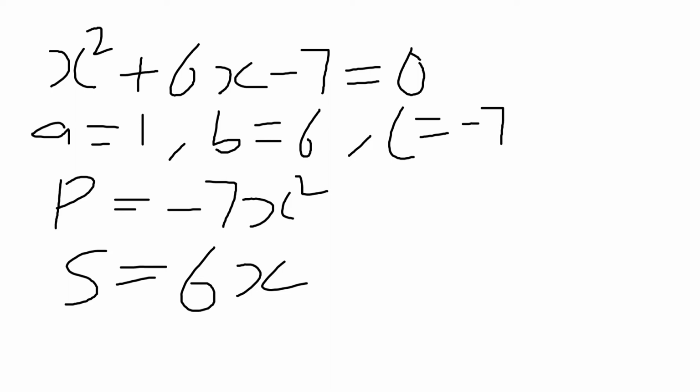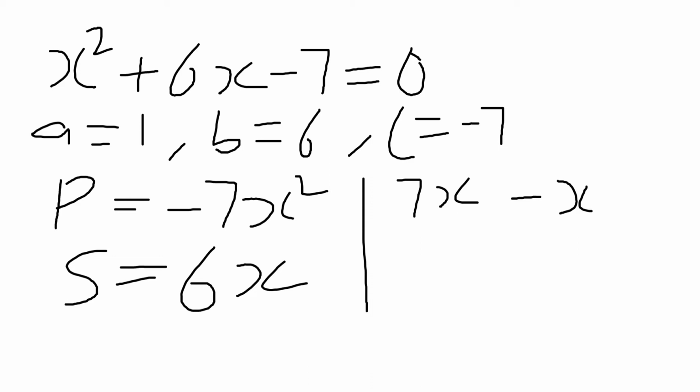Now look at these two numbers, 7x and -x. If we multiply 7x by -x, we get our product, which is -7x squared.